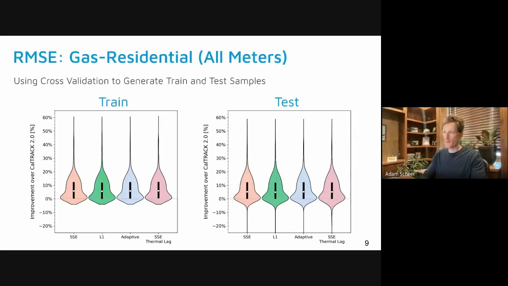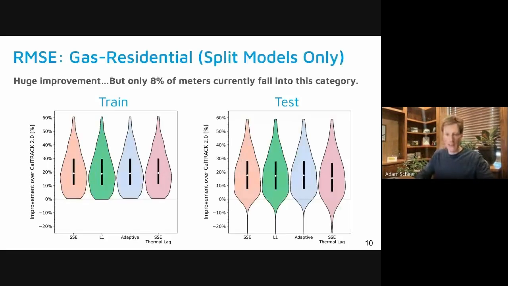In this residential gas data set, only 8% of meters are being split in any way. So effectively 92% of meters are not being split by season, so the model is just an annual model, and they're not being split by weekend and weekday.